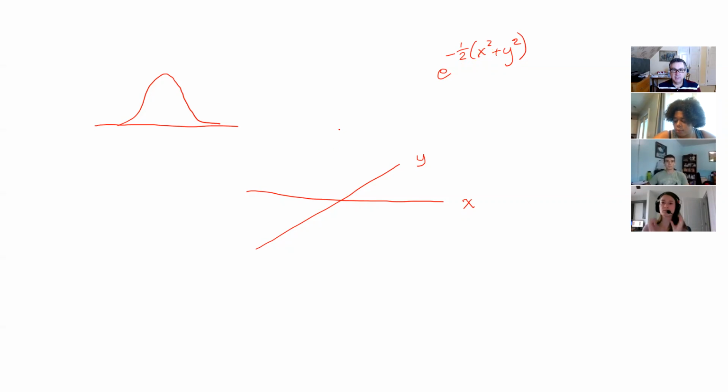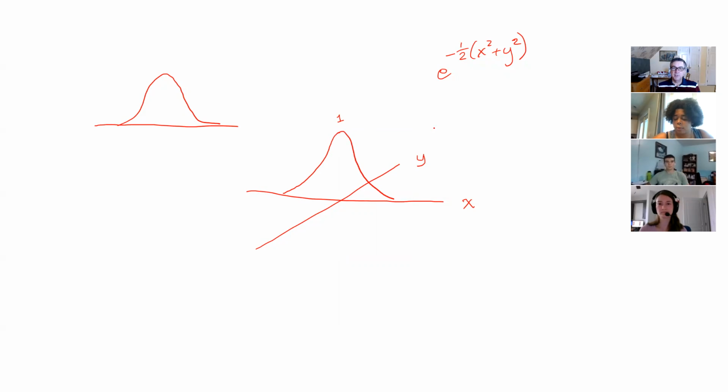So it's a maximum of 1 there. And if you set y equals 0 and trace it out along x, it's the Gaussian function just along x.